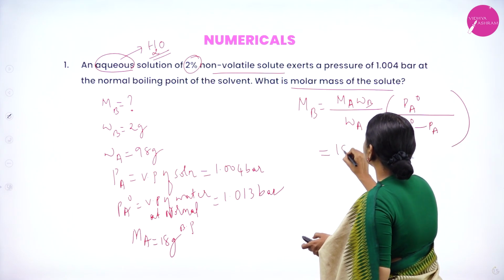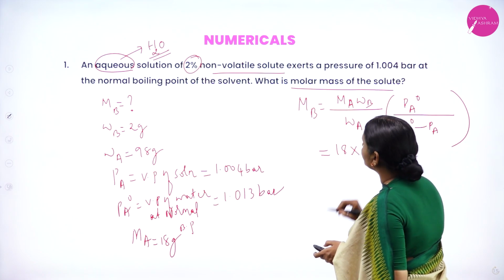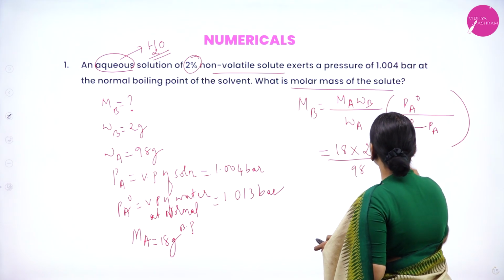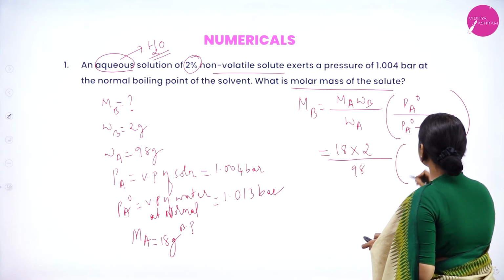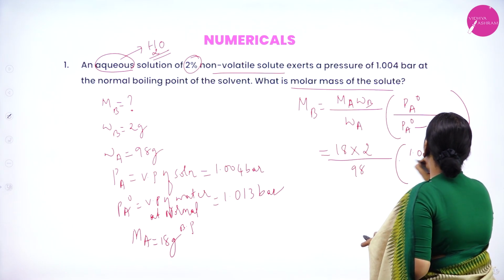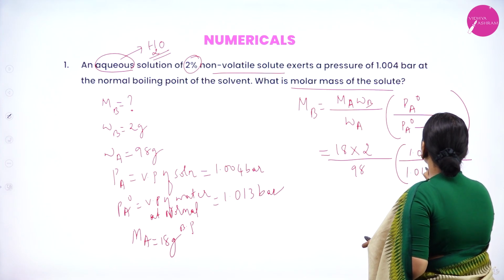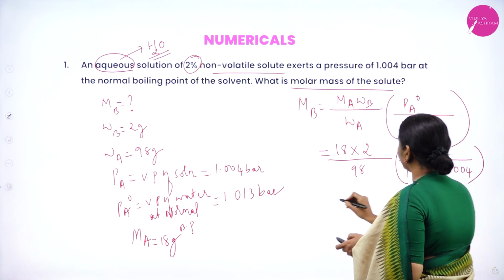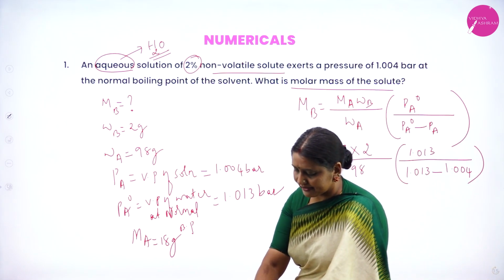What is MA? MA is 18, WB is 2 gram, WA is 98 gram, PA naught is 1.013 minus 1.004. Okay. Now, I'll calculate these.